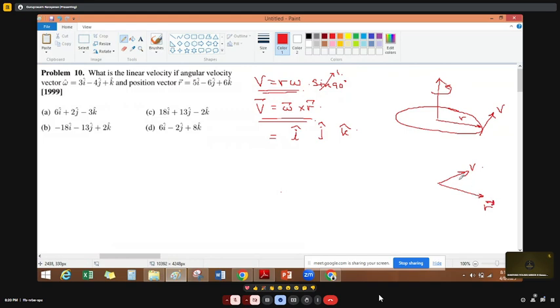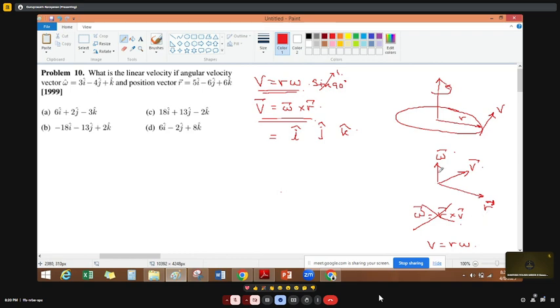That means if I try doing r cross v, I will get omega, but actually my formula is v is equal to r omega. If you write it like r cross v is equal to omega, then that is wrong because I know that the formula is like this. That means this is wrong.